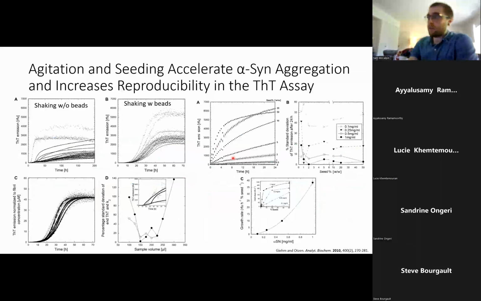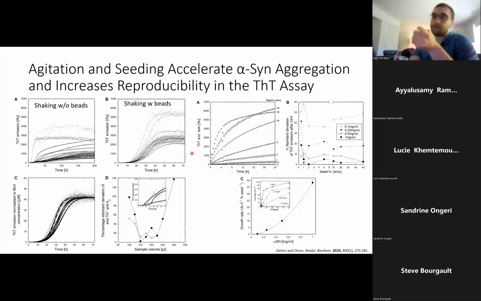And similarly, this paper from Dan Otzen's group shows that for alpha-synuclein, at least, shaking improves the reproducibility of the assay. So the point I want to make there is just that there's not one set of conditions that's going to work for each system.